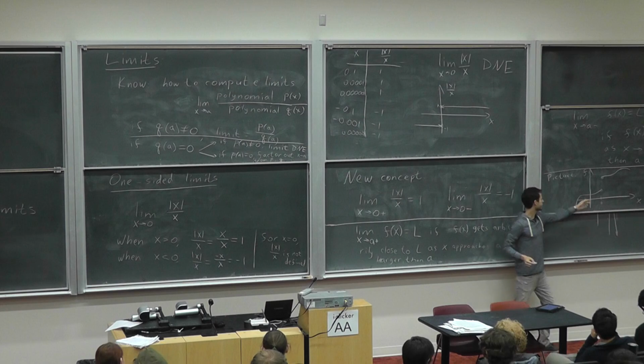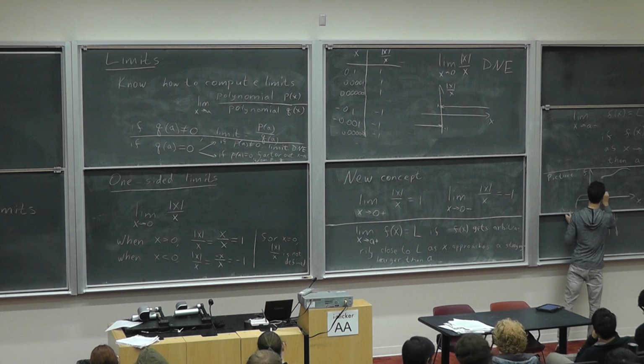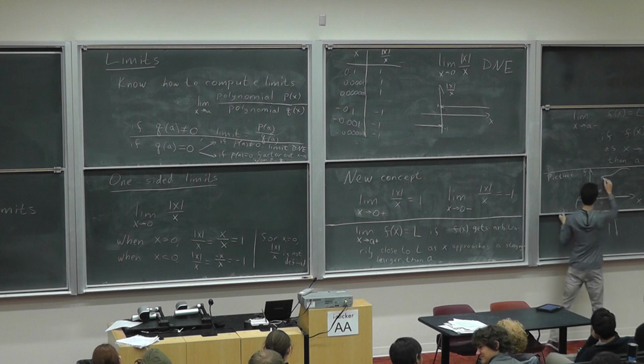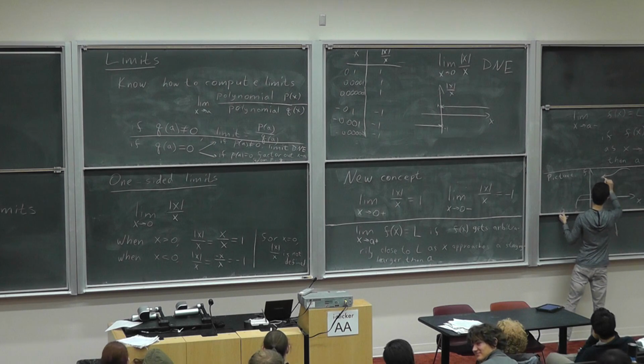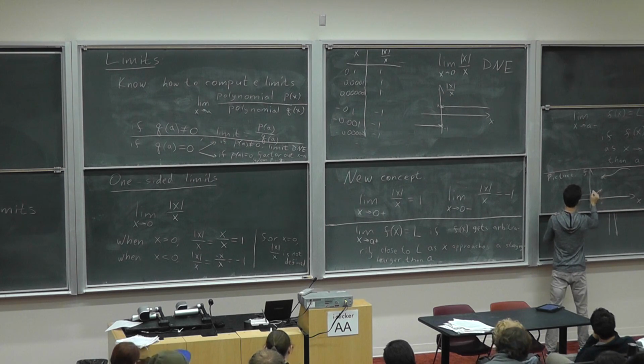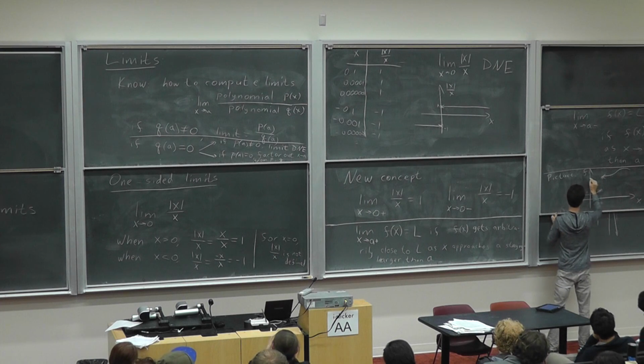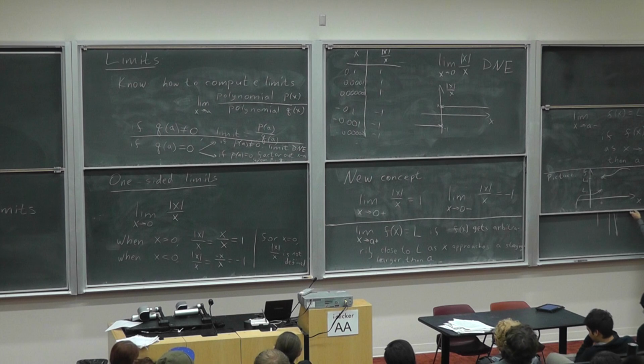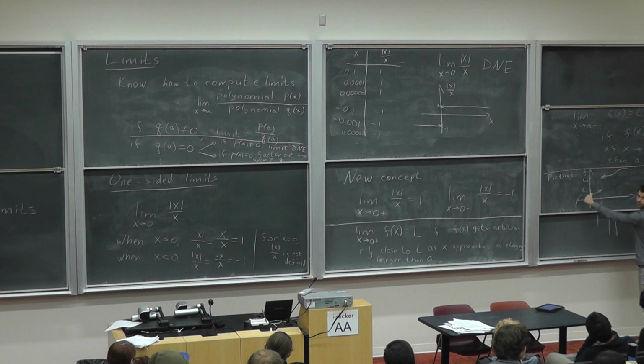As x approaches a from one side, the function approaches one number. From another side, the function might approach a different number. Let's say this is L1, and this is L2. In this case, L1 will be the limit of f of x as x approaches a from the left, so close to a, but a little bit smaller.